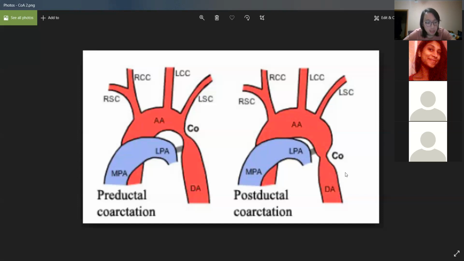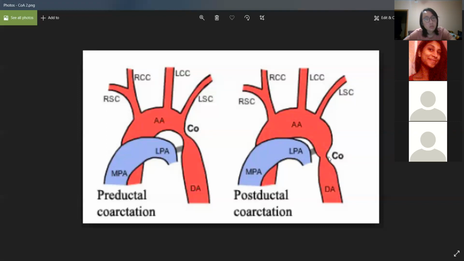But because of this, your pulse can be weak or even absent when it comes to postductal coarctation, and your BP normally in your lower extremities is 10 to 20 millimeters of mercury higher than your upper extremities. And in coarctation of aorta, there's approximately about a 5% decrease in blood pressure.